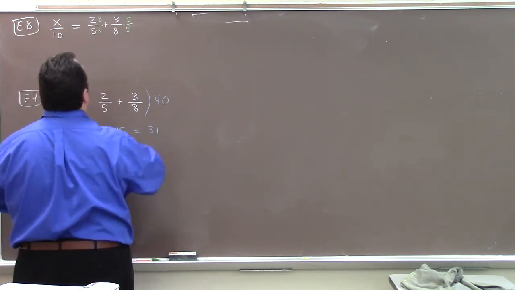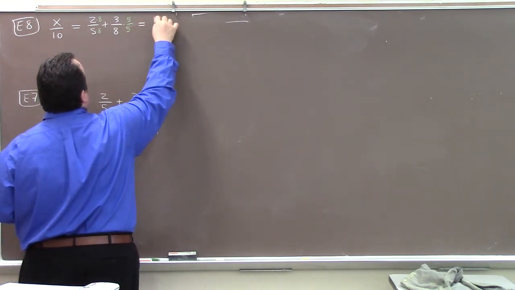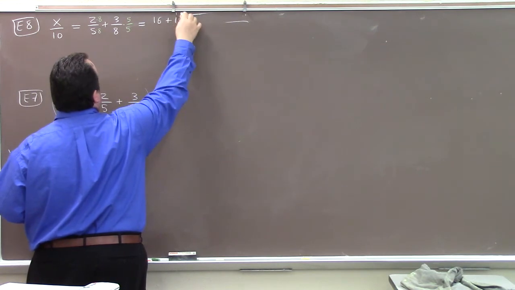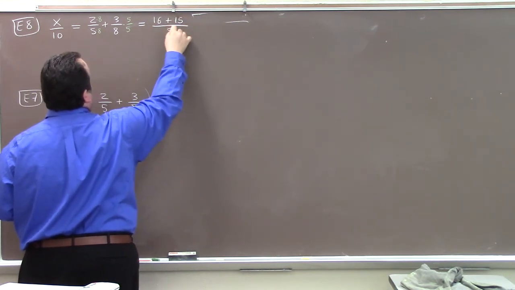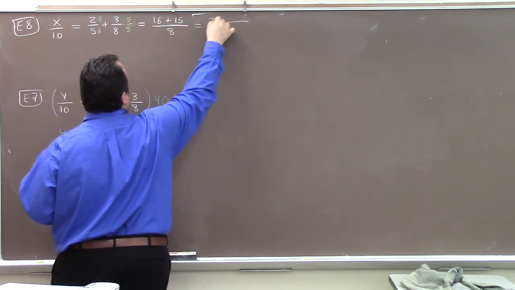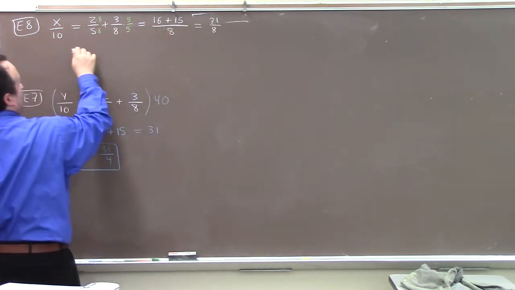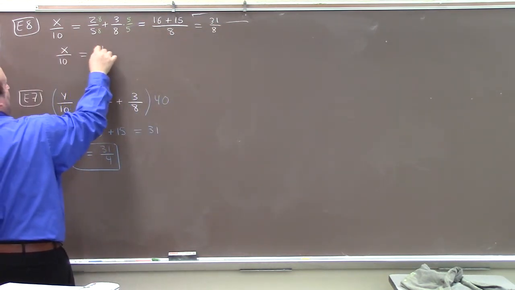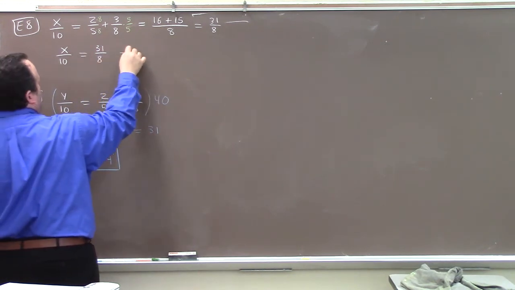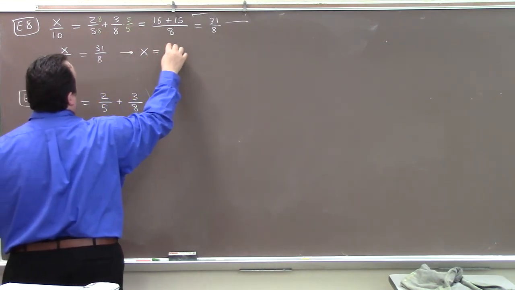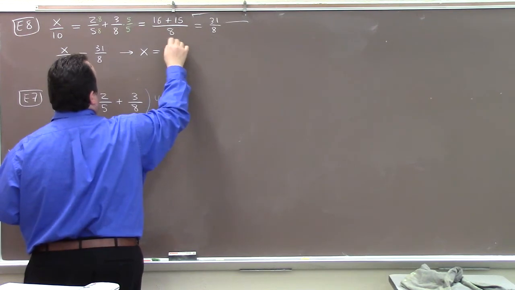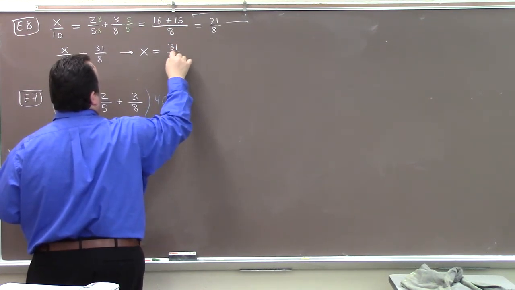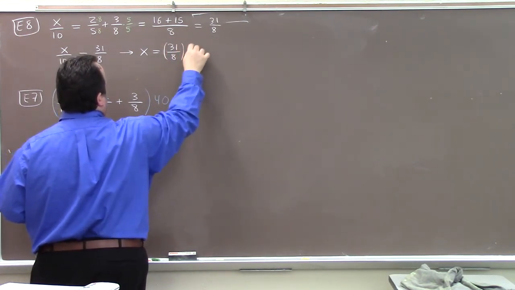And that gives me 16 plus 15 divided by 8. In other words, 31 over 8. So then I've got x over 10 equals 31 over 8. So what do I do? I solve for x. x is equal to 31 over 8 times 10, yeah?